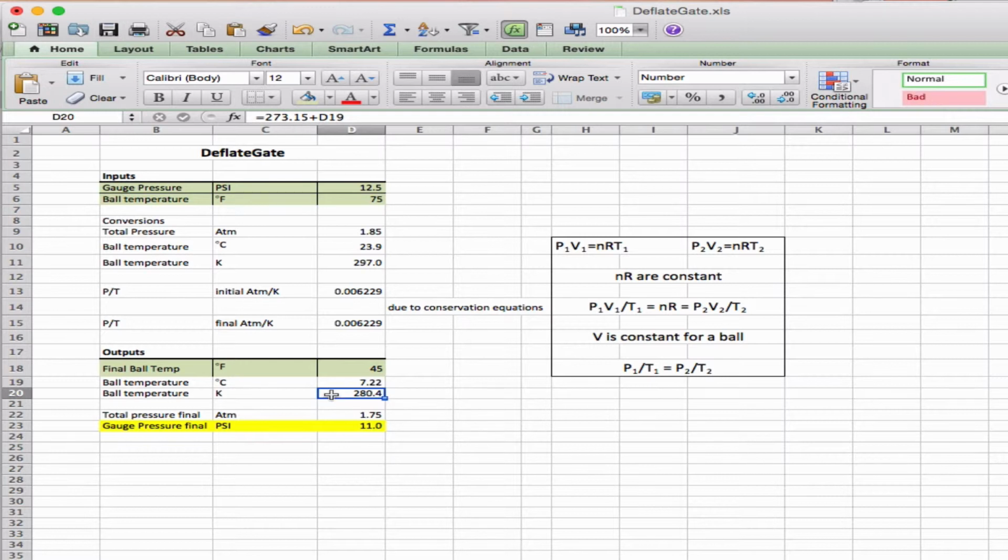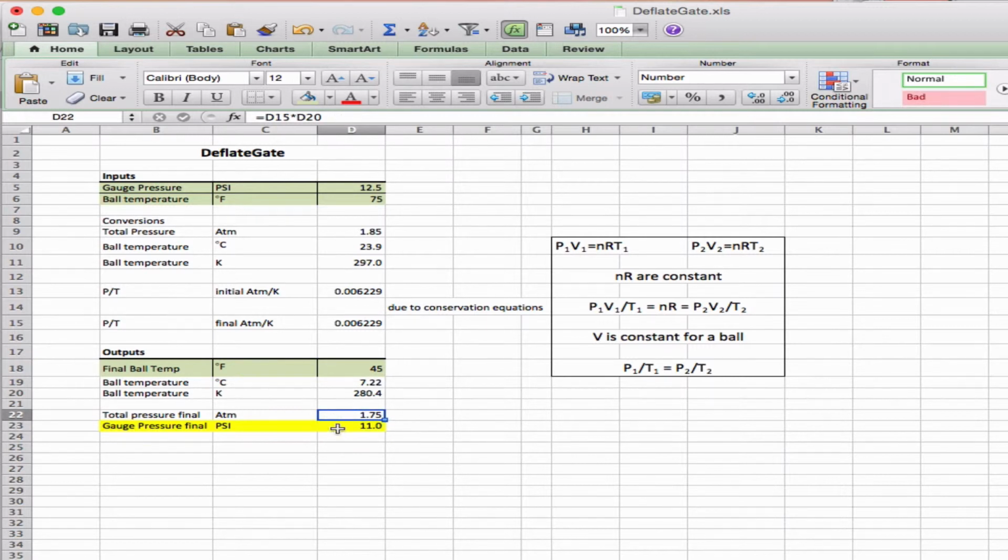The ball temperature is 280.4 on the Kelvin scale. And we can now calculate using our P over T conversion. So P over T times T will cancel the temperatures and give me just pressure. So D15 times D20, and the final pressure will be 1.75.